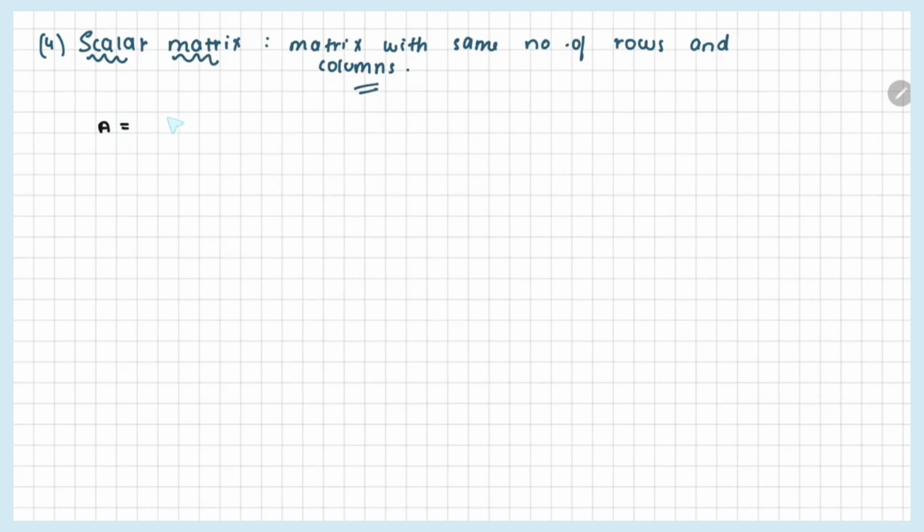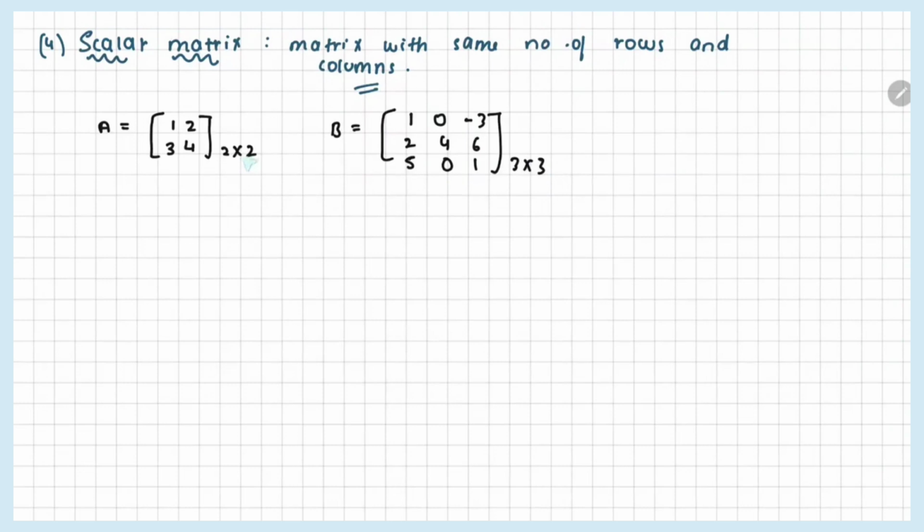A is equal to 1, 2, 3, 4, so here the order is 2 into 2, and B is equal to 1 0 minus 3, 2 4 6, 5 0 1, so here 3 into 3. You can see same number of rows and columns: 2 rows, 2 columns, 3 rows, 3 columns. These kinds of matrix we call scalar matrix.